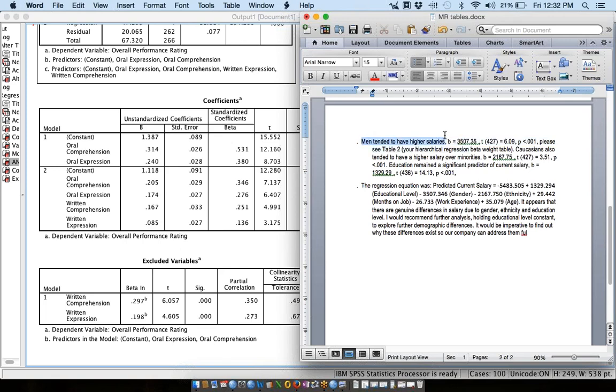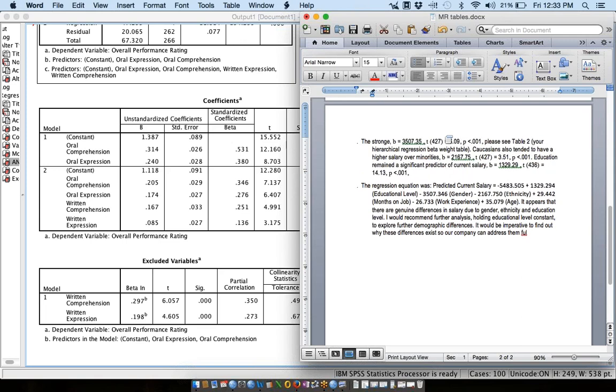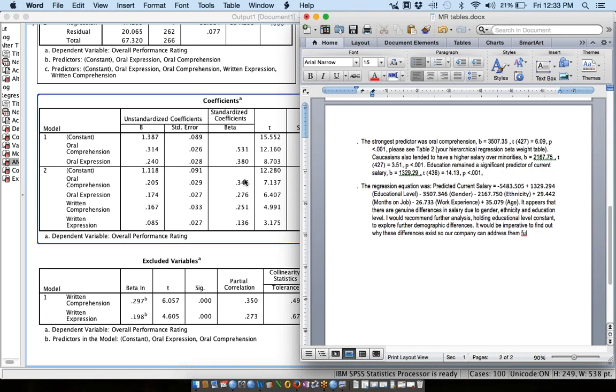So for the first one, I'm going to go in order of importance. So I'm going to say the strongest predictor was oral comprehension. And I'm getting that it's the strongest from this .346. It's the largest standardized beta coefficient. And B equals 0.21. My degrees of freedom is 262.